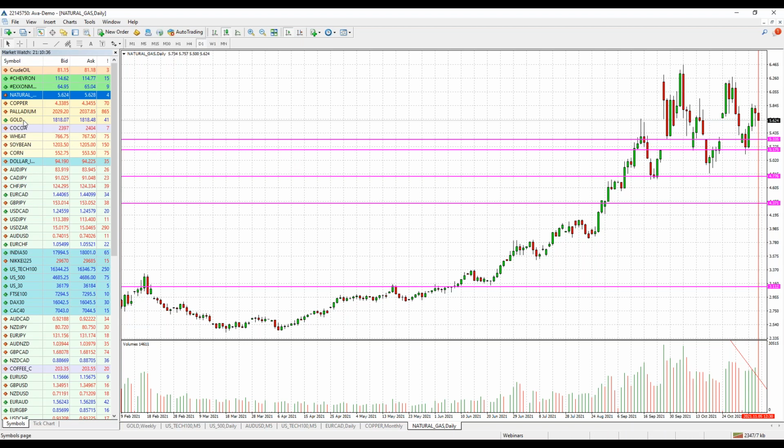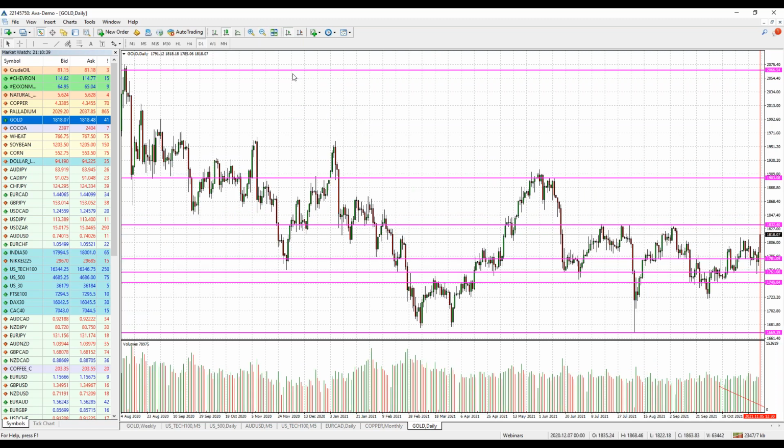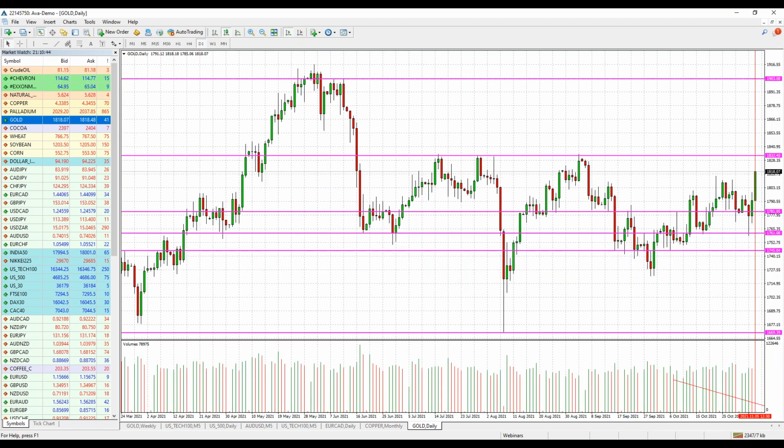Following with commodities, gold had a very nice Friday after the report on NFPs. We really shot up. Take a look at what happened here. This happened on the 3rd of November. We had a sell-off and touched the previous support around 1760.